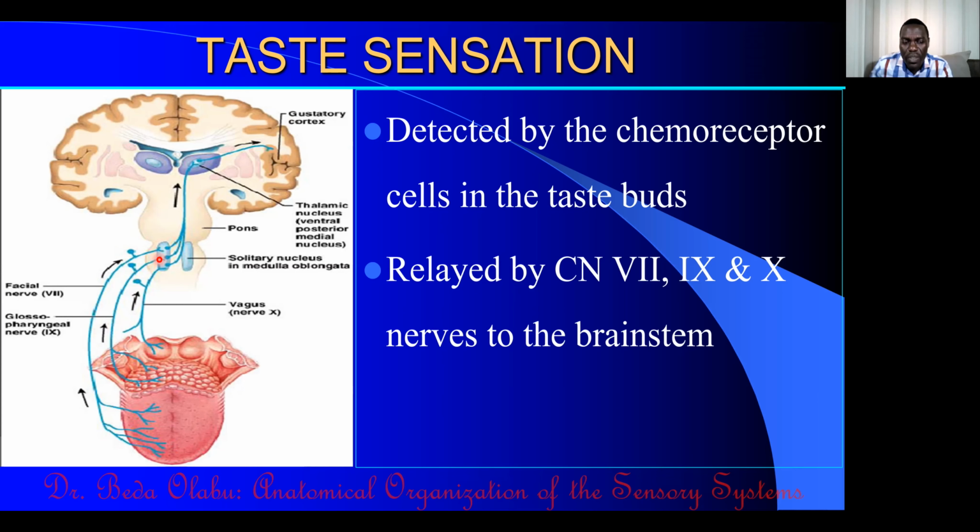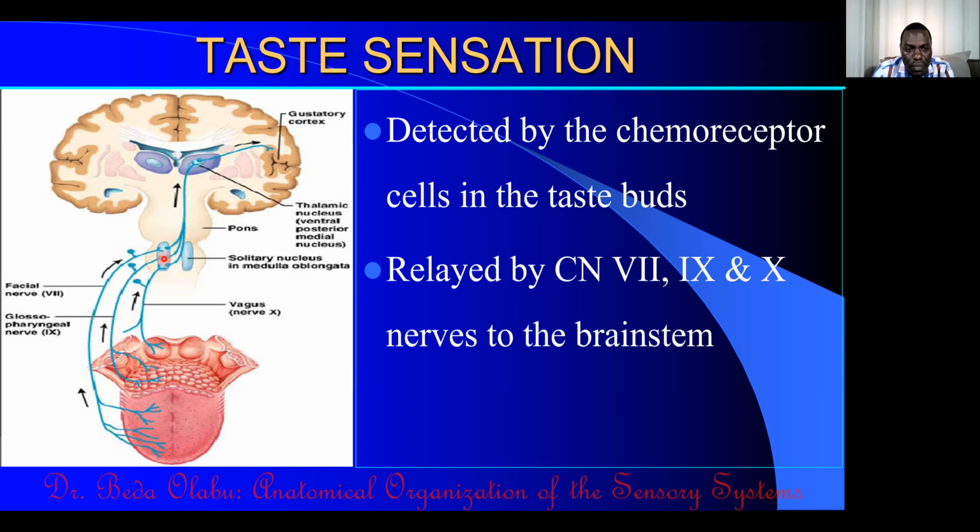The taste buds around the epiglottis are innervated by the vagus nerve, which is the 10th cranial nerve. So whether the information comes through facial nerve from the anterior part of the tongue, glossopharyngeal from the posterior one, or vagus from the region around the epiglottis, those are all primary order sensory neurons. Their signals terminate in the brainstem.